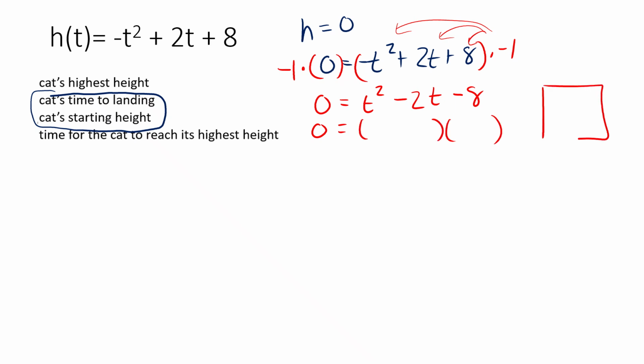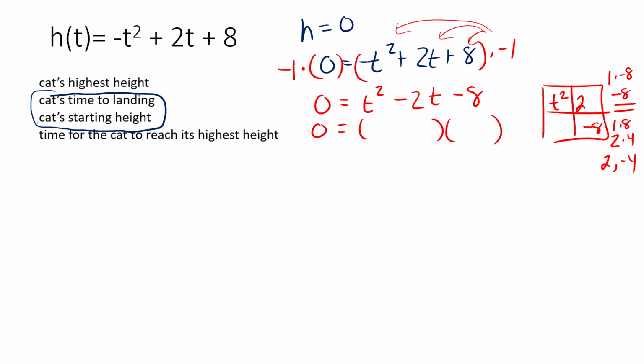Okay, so we've got t squared and -8. We do 1 times -8, which gives us -8. And then we factor that, we get 1 times 8, cannot get a 2 from that. 2 times 4, yep. It's got to be a -2, so I want +2 and a -4.